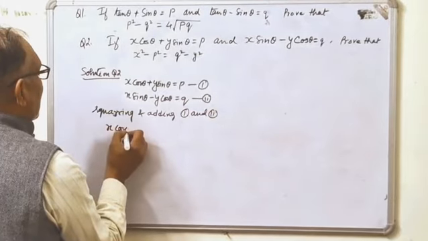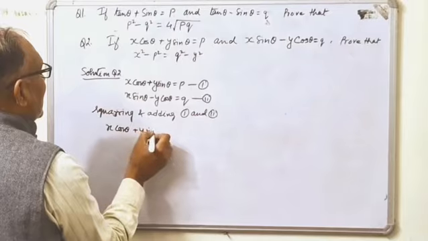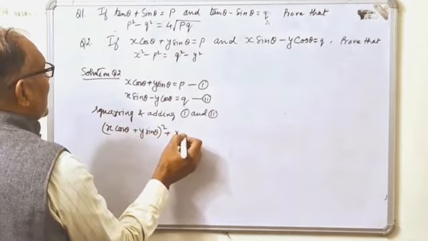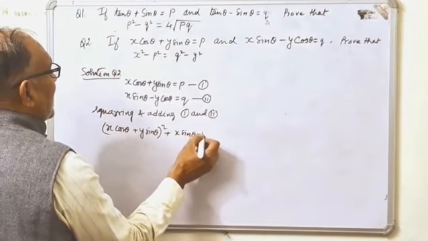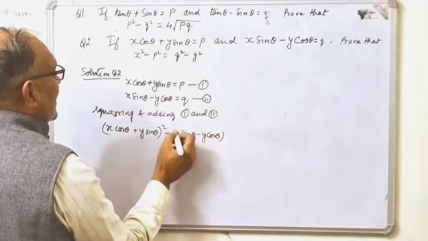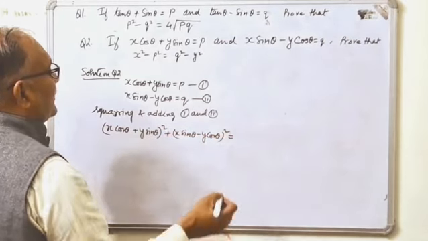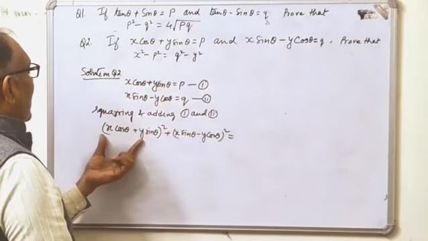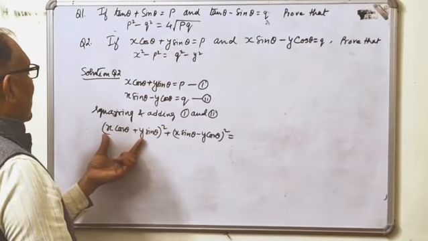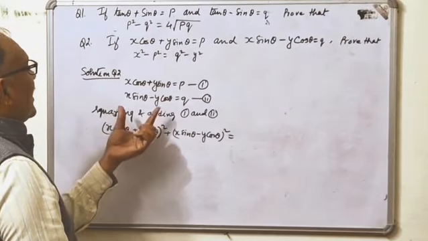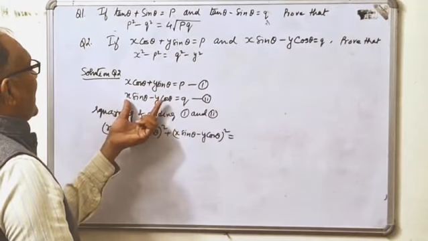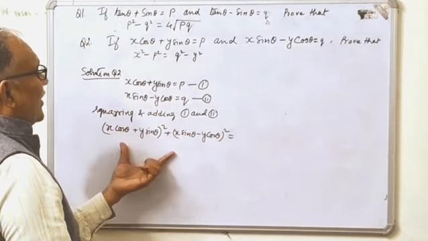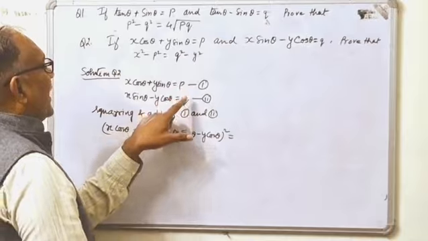So x cos theta plus y sin theta whole square plus x sin theta minus y cos theta whole square on the left side, and on the right side we have p and q.